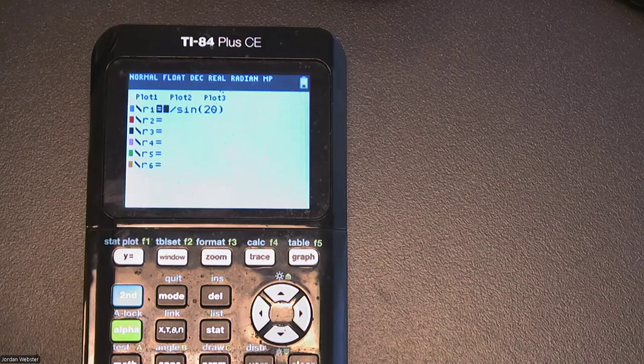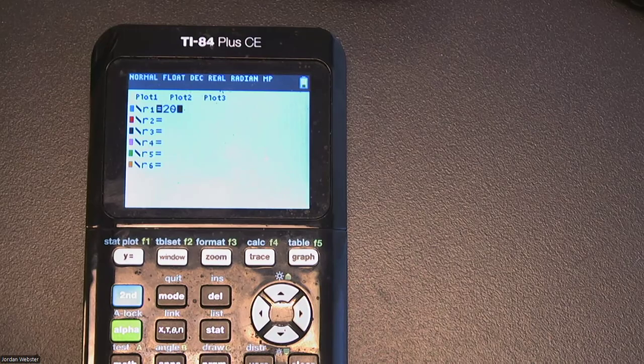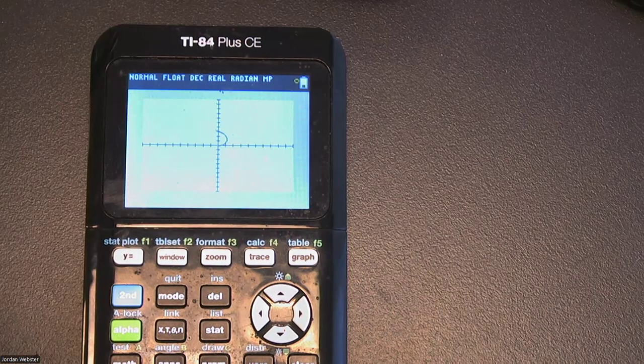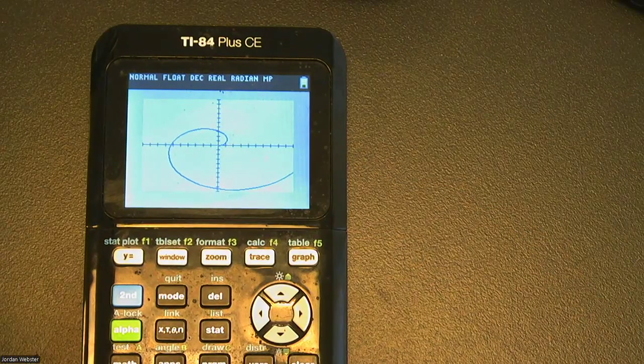Now, I've already graphed earlier 1 over sine of 2 theta. This is also one we saw earlier, r equals 2 times theta. So I take 2 and then again my variable button. If I standard zoom that, you see that spiral shape.